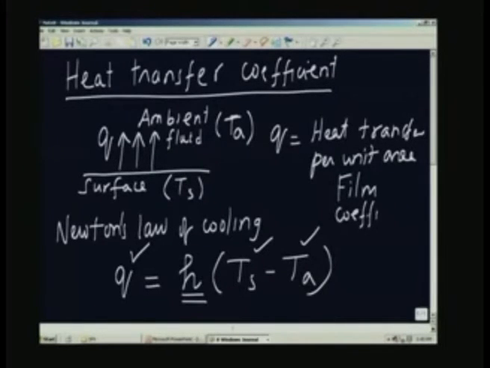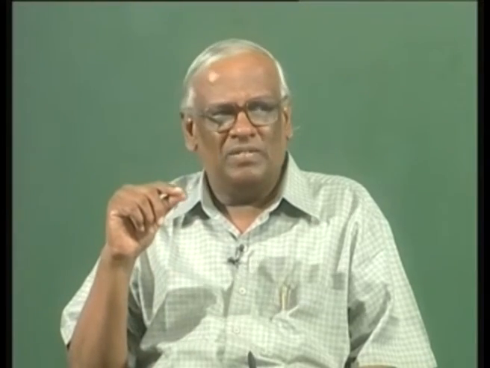The reason why we call it the film coefficient is that it is as though there is a thin film of the fluid which is next to the surface, which is getting cooled or heated, in which there is conduction heat transfer.